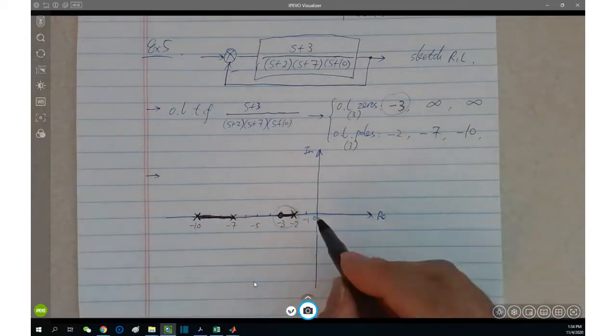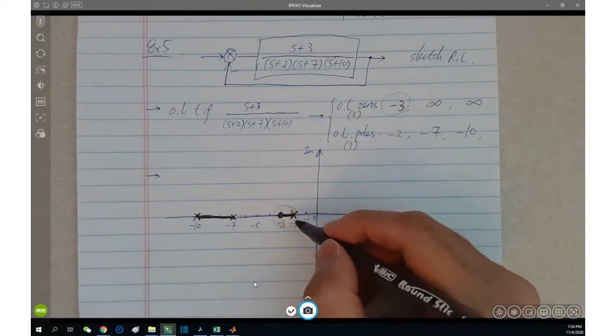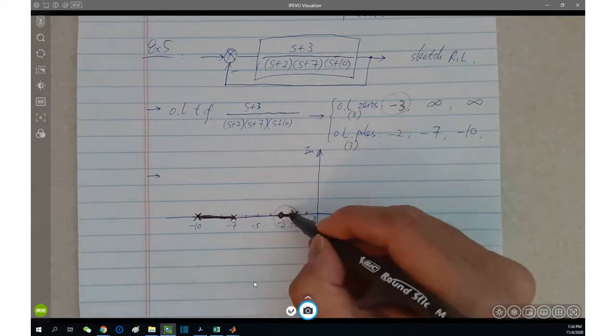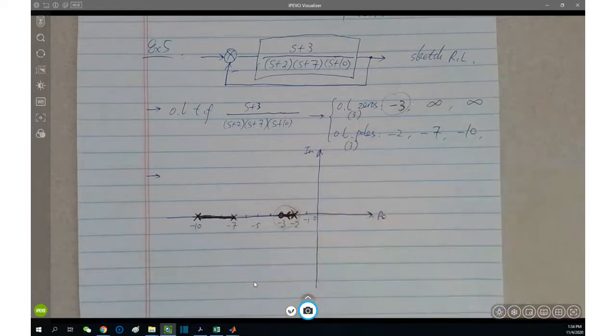Why is it good? Because we are seeing one starting point, which is an open loop pole, and we are seeing an ending point, which is an open loop zero. So you can tell the root locus for this section is from right towards left. It has a direction. Remember to label the direction in the exam problem. It is required.